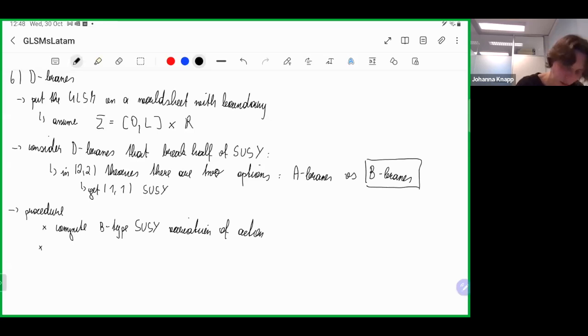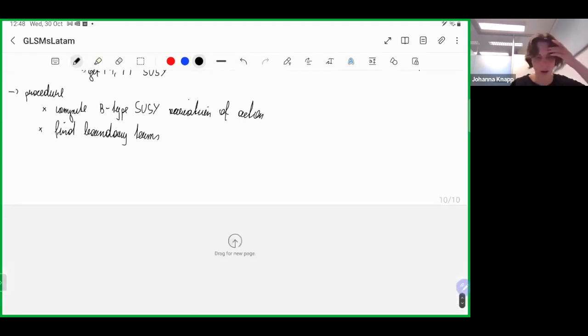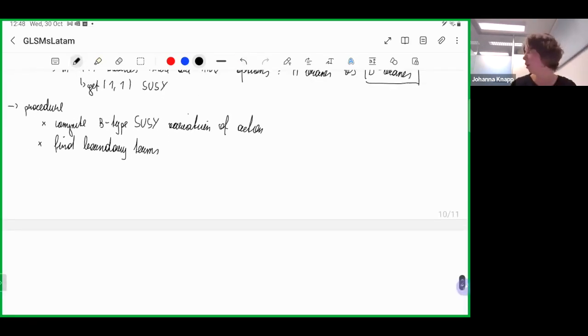And you will find boundary terms. It's the same thing as, for instance, for the fermionic string that you learn in lectures of string theory: if you do the superstring, you look at the boundary terms and you cancel them by imposing certain boundary conditions on your fields.